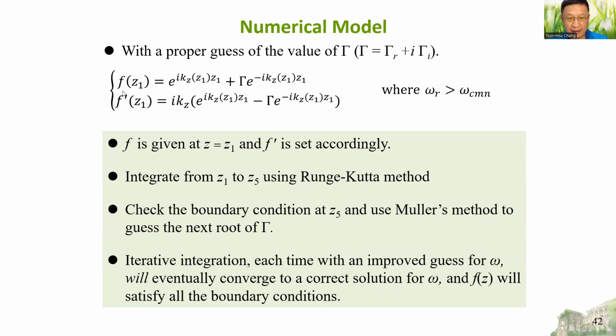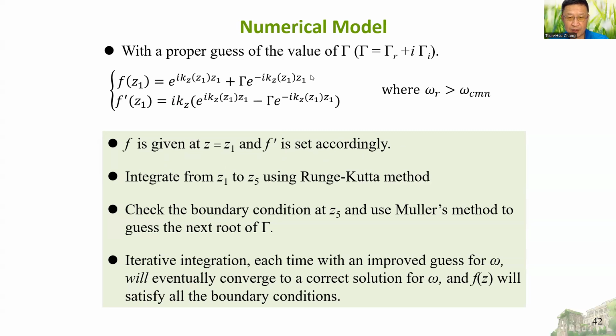And we then put in F(Z1), and we get F prime of Z1, shown here. Since F is given at Z equals Z1, F prime is also set accordingly.